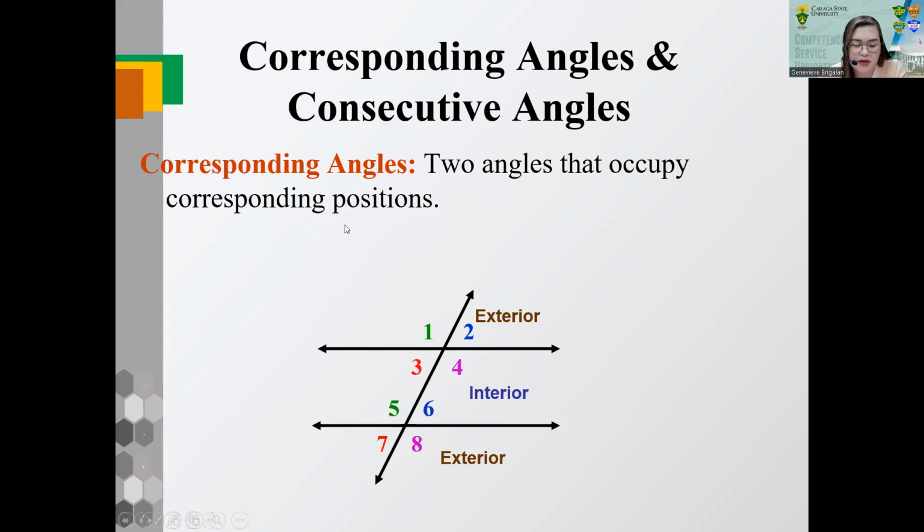Two angles that occupy corresponding positions. Okay. So kana si 1 ug si 5, si 3 ug si 7, si 2 ug si 6, ug si 4 ug si 8. Okay, so kanang corresponding angles pud class are congruent. So pasabot si 1, si 5 are congruent, 2 and 6 are congruent, 3 and 7 are congruent, 4 and 8 are also congruent.